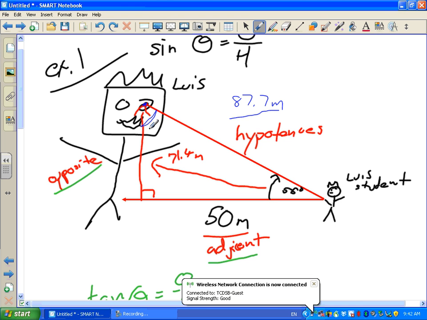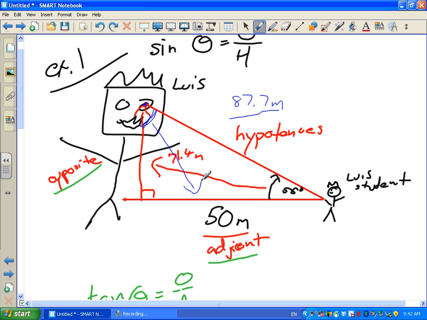And since we haven't used sine yet, what is, first of all, the hypotenuse to this angle? Does it change at all? No, it's still 87.7. Here's what's different. Where's the opposite of this angle? It's what the adjacent used to be. So the opposite of this angle is this 50 meters here.